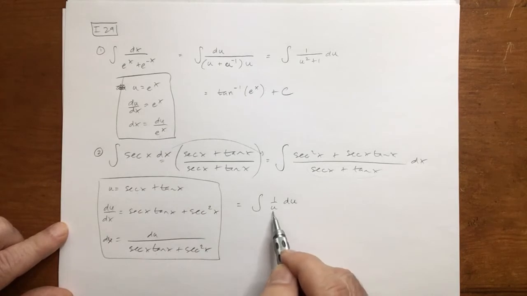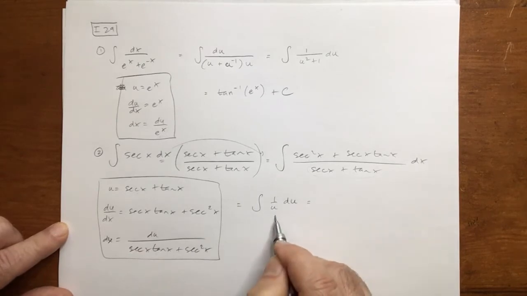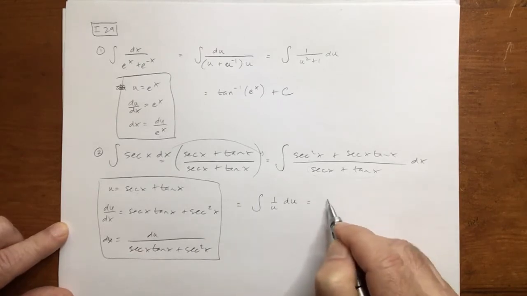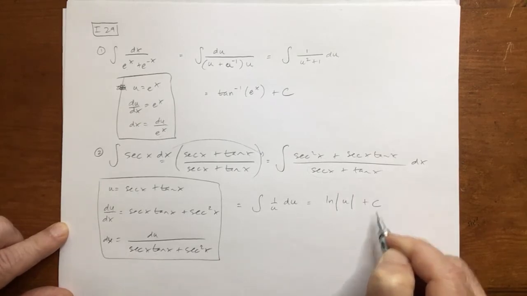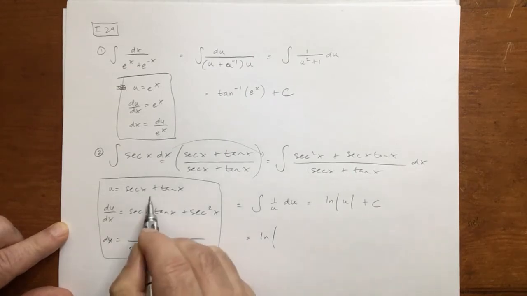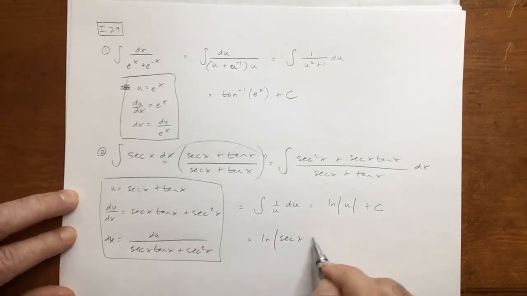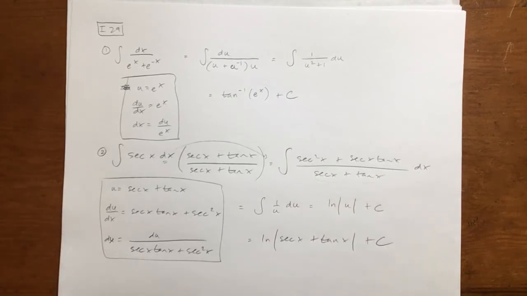Okay, but this is a linear factor on the bottom. I don't add 1 and divide by the new. That's a natural log. Okay, and so the natural log of the absolute value of u plus big C. And then u is secant plus tangent. So that was definitely a tricky problem.